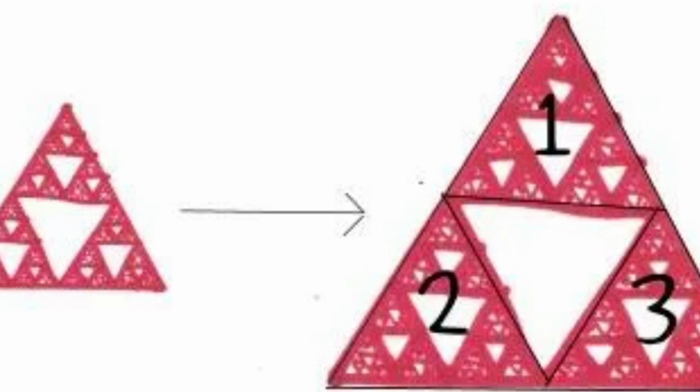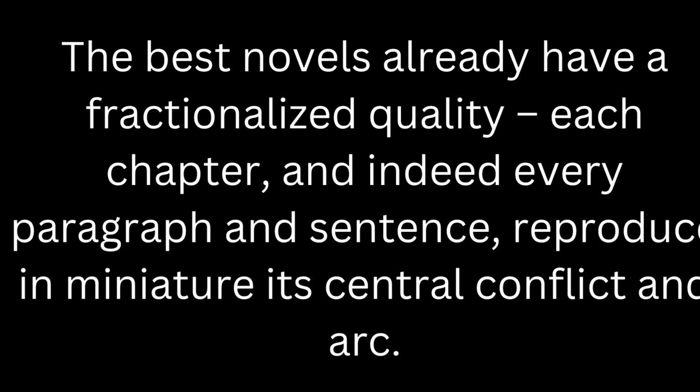And if we look at this quote from Kyle McCarthy in an article on Infinite Jest, it says, quote, "The best novels already have a fractionalized quality. Each chapter, and indeed every paragraph and sentence, reproduce in miniature its central conflict and arc." And so when we look at Silverblatt's theory, he was saying that fractals in Infinite Jest are existing as a foreshadowing element. They come in and announce themselves, as he said.